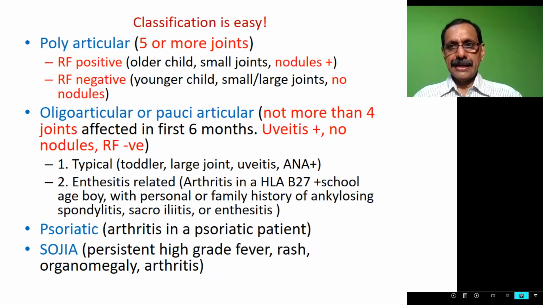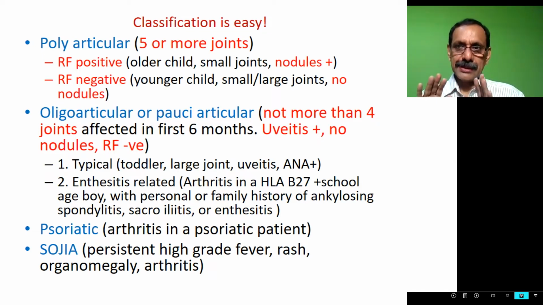Now we recapitulate the classification of juvenile idiopathic arthritis. There is a polyarticular variety, an oligoarticular variety, a psoriasis-related variety, and SOJIA, systemic onset JIA.